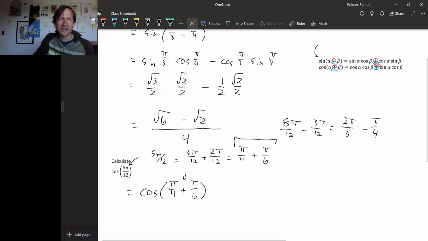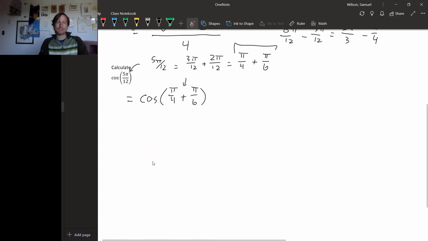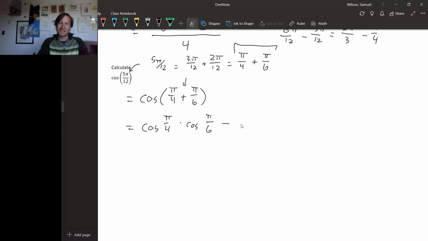So we've got to be a little bit careful with cosine. So this is cosine pi over 4 times cosine pi over 6 minus sine pi over 4 times sine pi over 6.